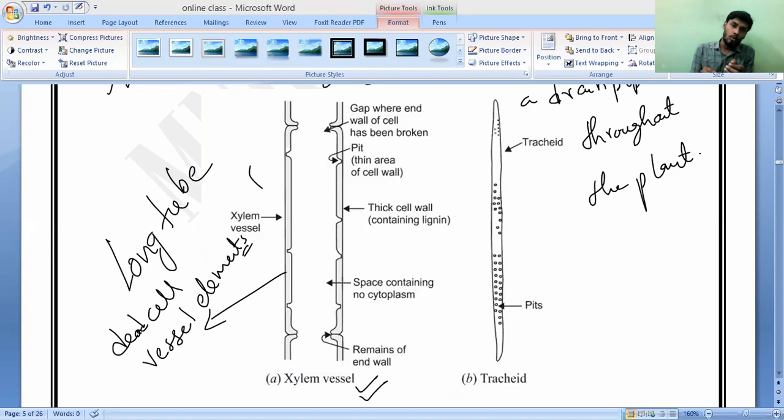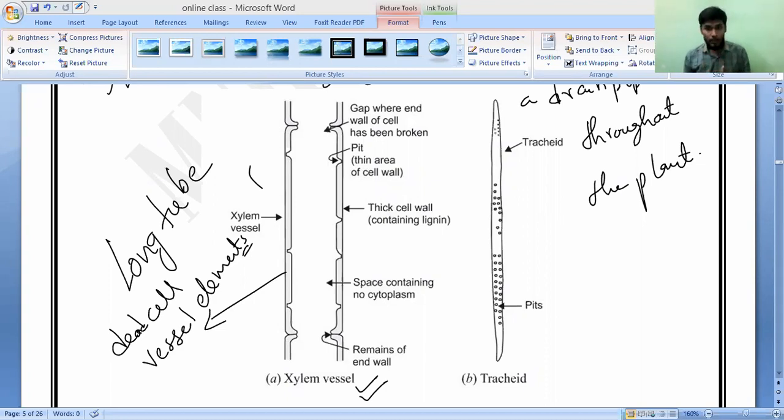These xylem vessels run from the roots of the plants right up through the stem and reach the leaves. So throughout the plant, it is formed like a drainage pipe by joining one end to the other end of these vessel elements.